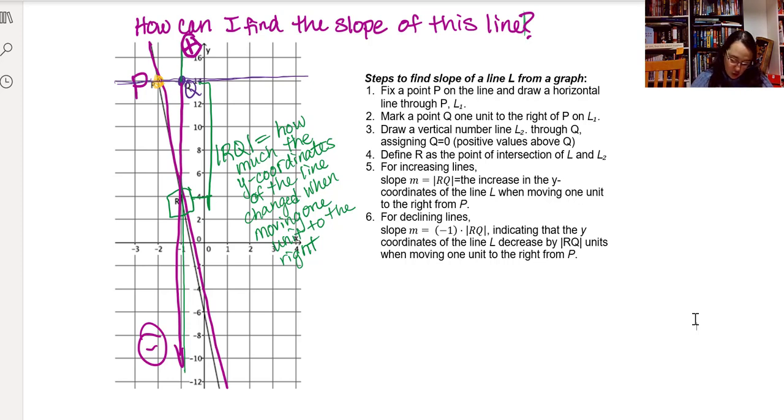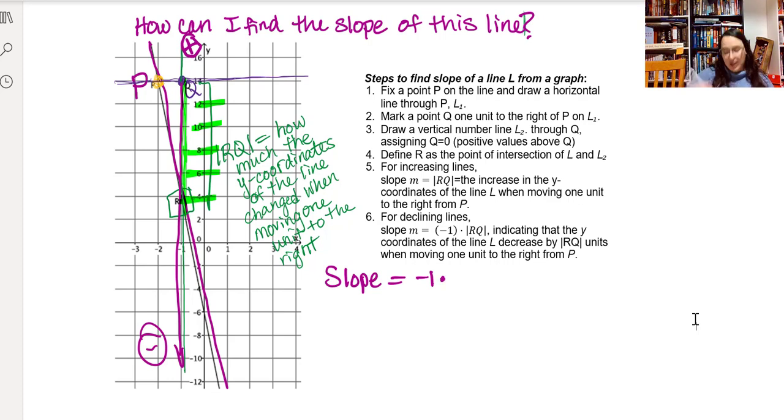So I notice that the length of RQ here, I'm going to measure down that length. So we're going to look at this line segment here. And I notice that it travels 2, 4, 6, 8, 10 units down. So I'm going to say that the slope of this line is -1.